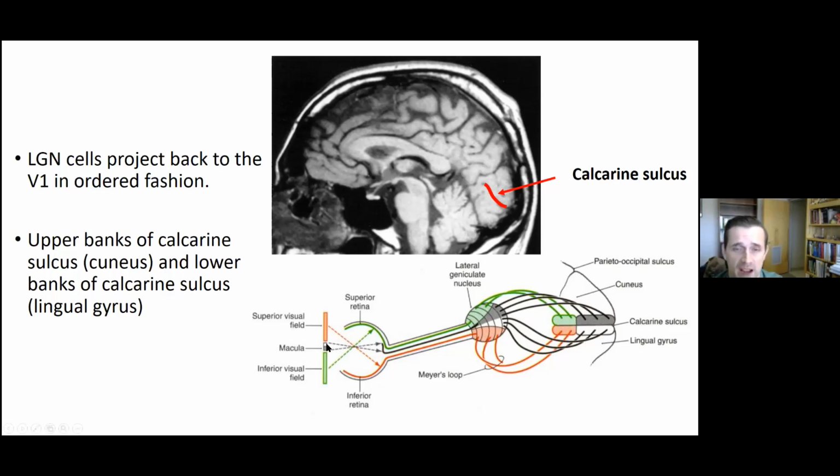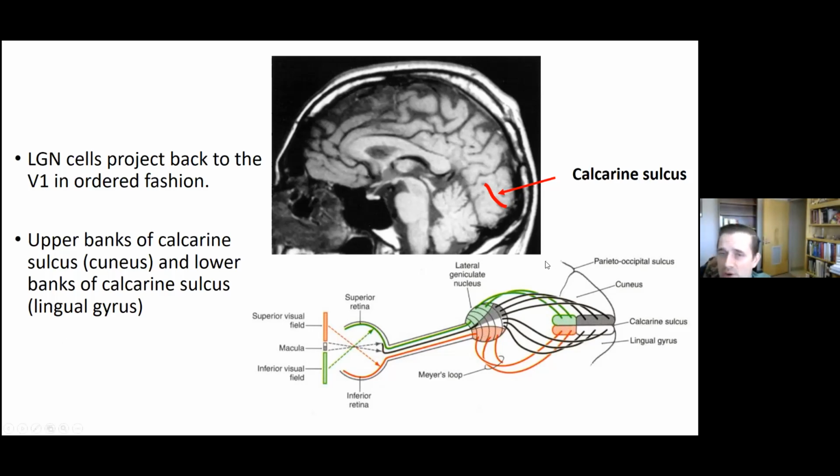But here again, we have this image, and now we're going to look at those areas as they appear in these radiographic images that are showing you a sagittal section through the brain, as if you were cutting the brain into right and left sides.